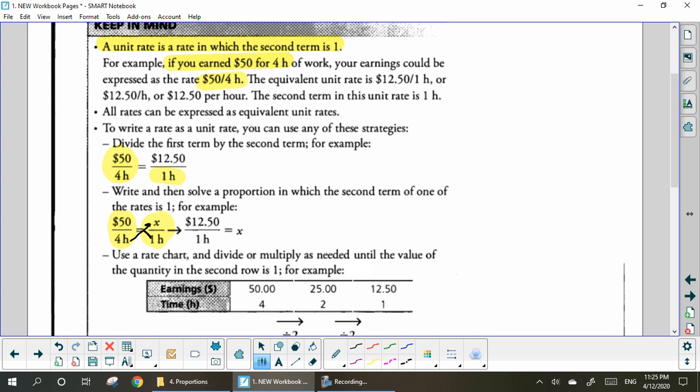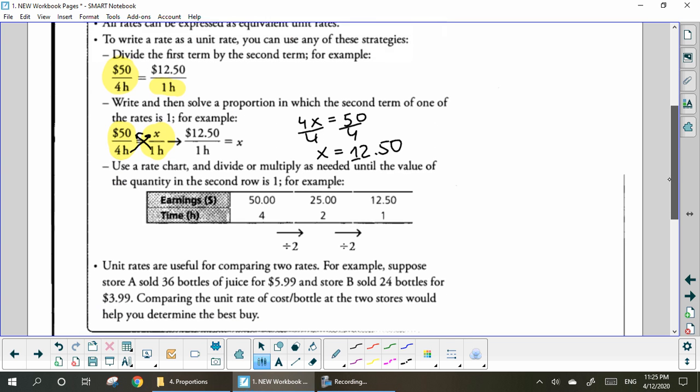So 4 hours times x is 4x, and 1 hour times 50 dollars is just 50, and then we divide both sides by 4, and that turns out to be 12.50. So that's how we solve all these proportions. The most important thing is setting up the proportion initially, and then we solve it like we would any equation.